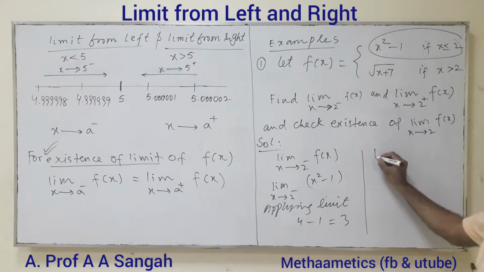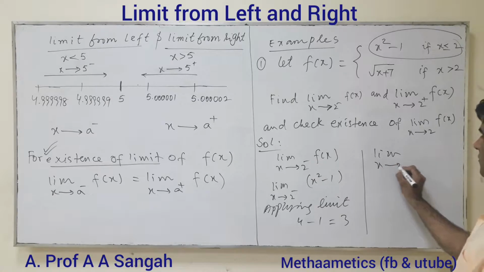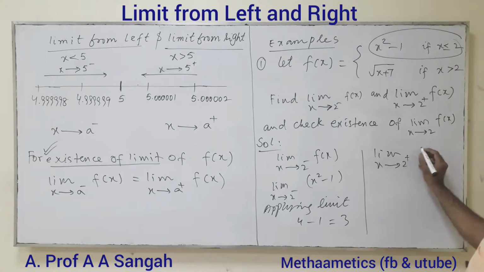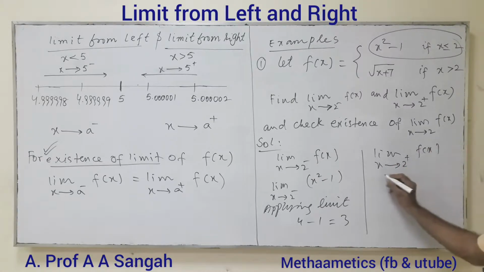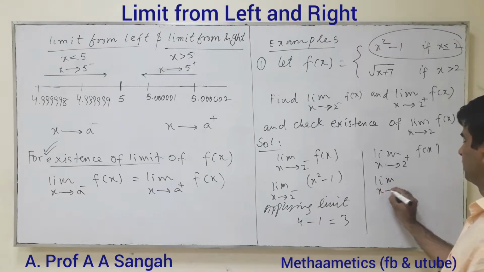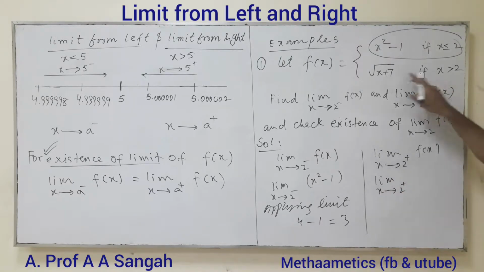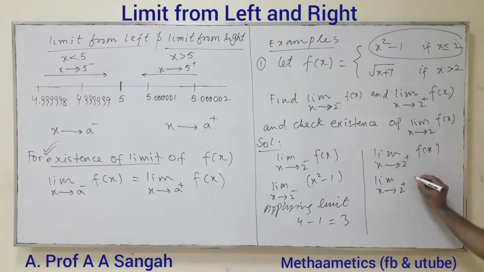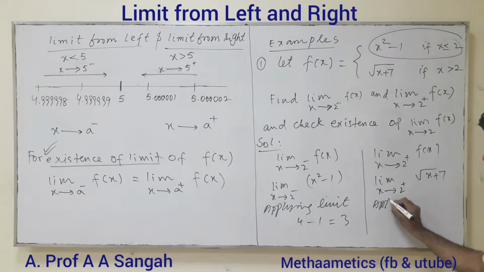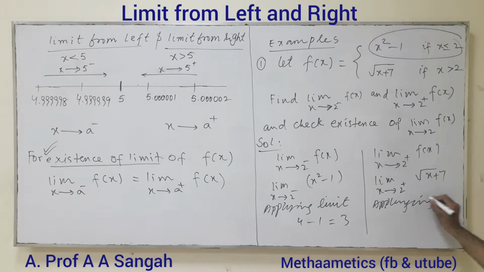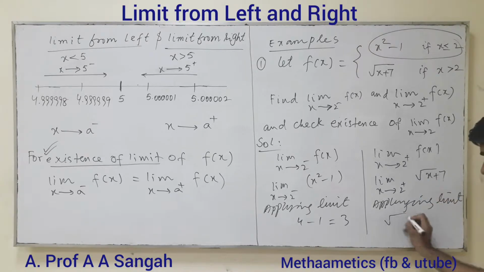Now solve this. Limit x tends to 2 from the right hand side. This is the function for the right side because x is greater than 2, square root of x plus 7. Applying the limit, we have 2 plus 7, square root of 9, that's 3.